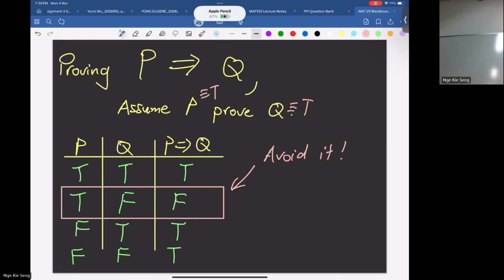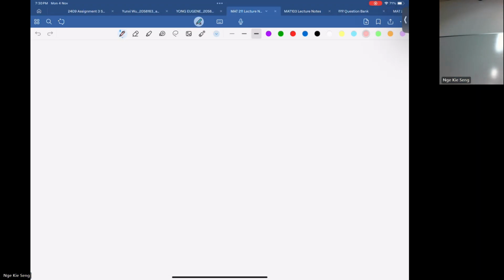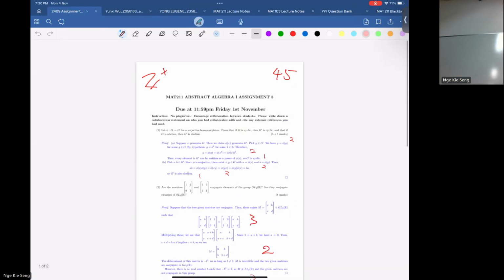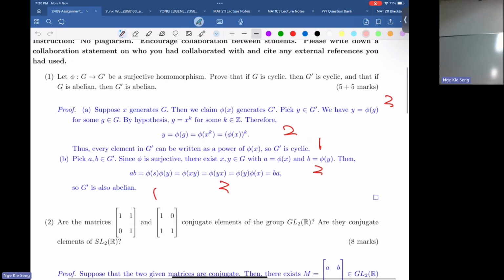Before that, let's do the assignment first. I think this time the assignment is so far okay, but I still found plagiarism cases. If you lend your assignment to your friend, please ask them to understand it and then write it themselves.